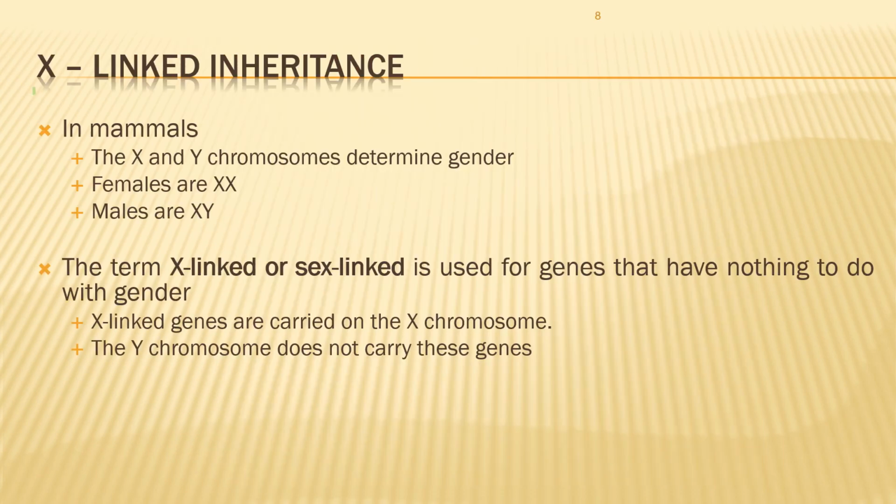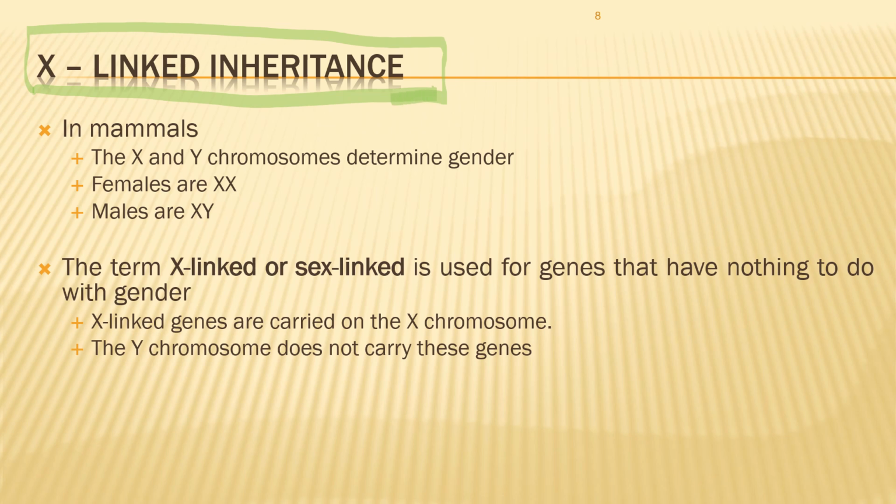Because the X chromosome has a number of genes that have nothing to do with sex determination, males only have one copy of those genes, whereas females have two copies. So males, because they have an X and a Y, only have one copy of genes. Females have two copies.